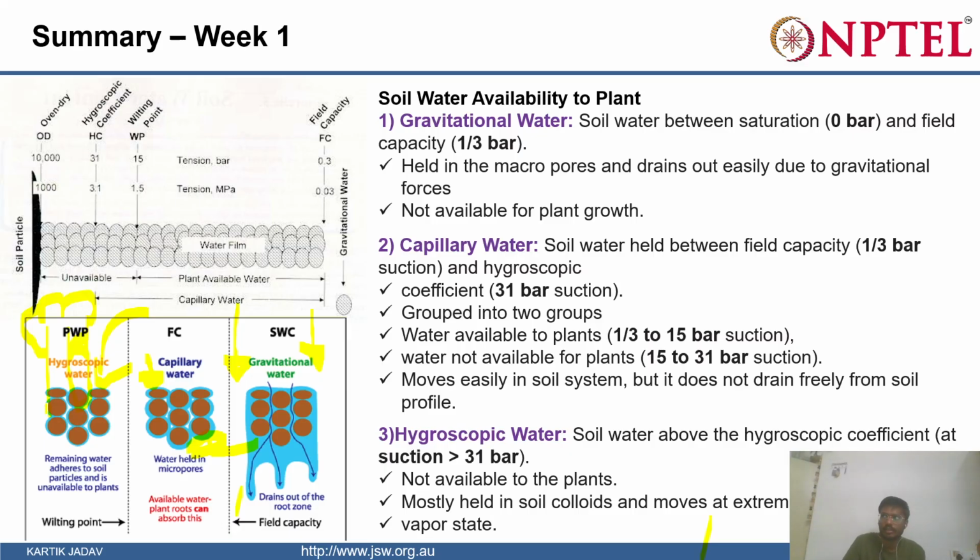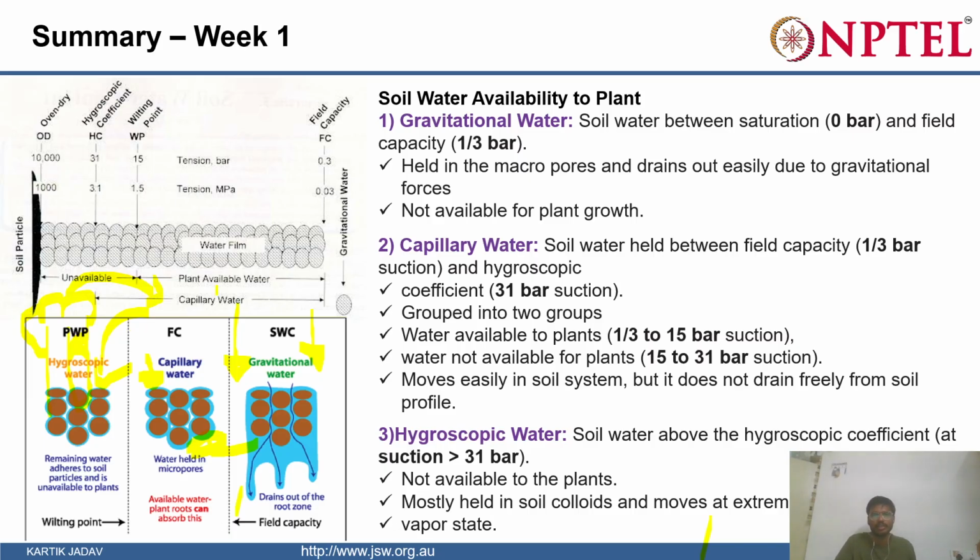In that trade-off, the adsorption capacity of the soil is far greater than the plant's extraction rate. So the plant won't be able to extract this water, and if the plant does not get water, it will ultimately die.